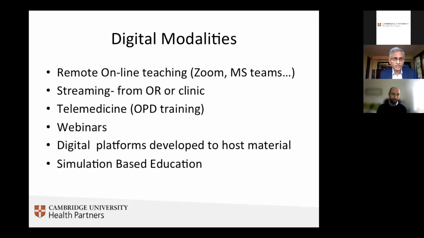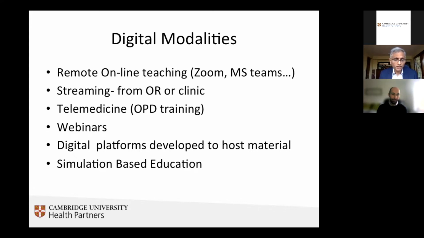And the challenge there is, how do we teach people how to run remote consultations? There are webinars and a host of platforms that can host material. An example of that is the one that Health Education England, East of England, have adopted, which is Panopto Bridge, where material can be developed and hosted for the use of anyone in the region.